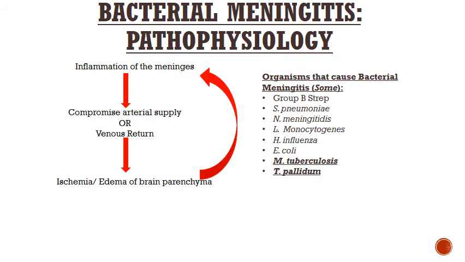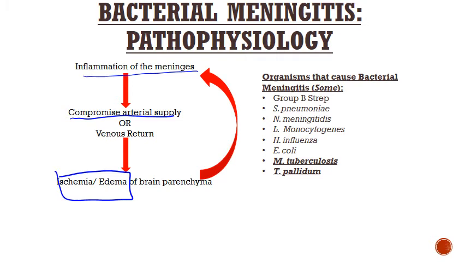Okay, so the nice thing is that pathology basically mirrors the inflammatory response. So when we see this inflammation of the meninges, what happens is we compromise the arterial supply or the venous return. And that basically leads to ischemia and edema of the brain parenchyma.